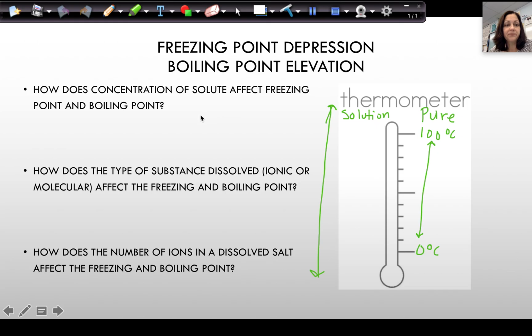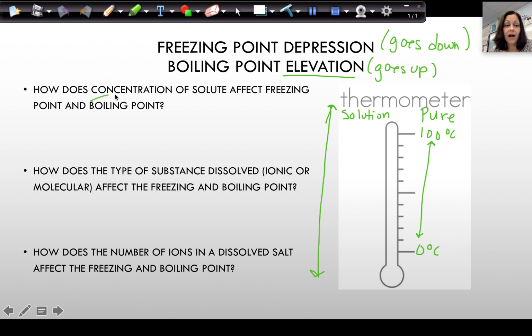So the boiling point is going to go up and the freezing point is going to go down. That's why we say boiling point elevation, because it goes up when we add something to water, and freezing point depression, because the freezing point goes down when we add something to water.